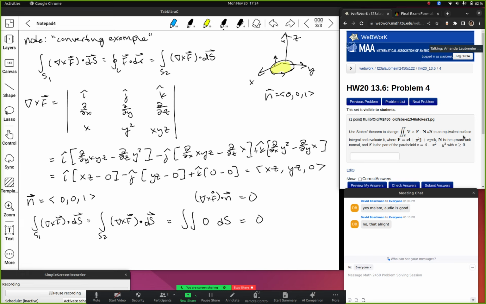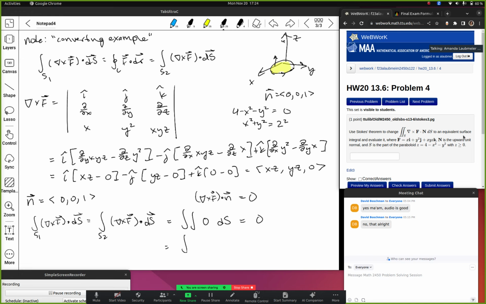If we were going to finish this problem, like if we had gotten something that wasn't 0 inside, we would just need to go back to the definition of the surface. Remember, it's happening when that 4 minus x squared minus y squared from the first surface hits the xy plane, where z equals 0. So that's just going to be a circle with radius 2.